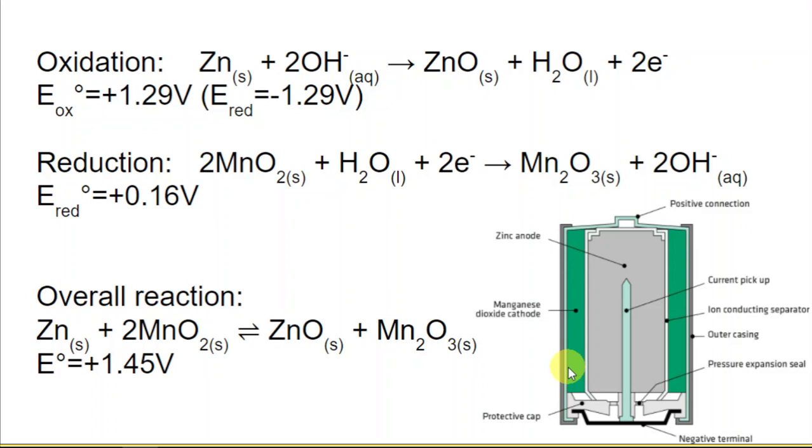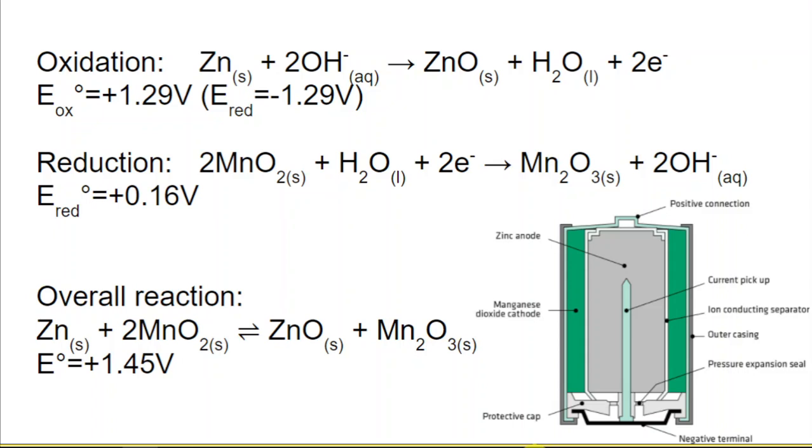The potassium hydroxide electrolyte is not in the total equation because the hydroxide is being consumed right here and produced in both half reactions. If we look at the diagram, the ion conducting separator allows the hydroxide ions to flow to maintain a balanced charge, so charge doesn't build up. It's kind of like a salt bridge in a concentration cell.